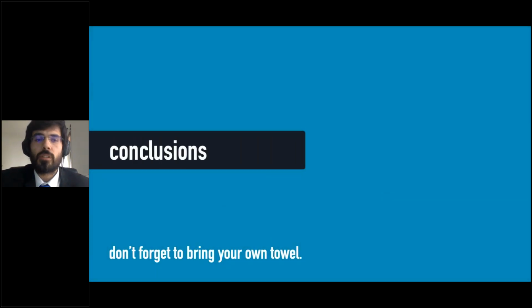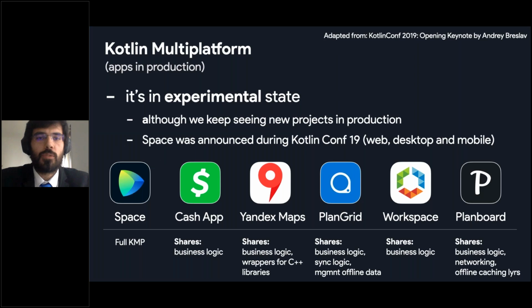Some quick conclusions. This slide is from last Kotlin Conf, because this question on how much it's worth sharing, we've seen it a couple of times, and it depends a lot on your application. For instance, JetBrains announced its Space, and they said that it was full Kotlin multi-platform. Everything is done on Kotlin multi-platform. Cash App decided that they are only sharing their business logic.